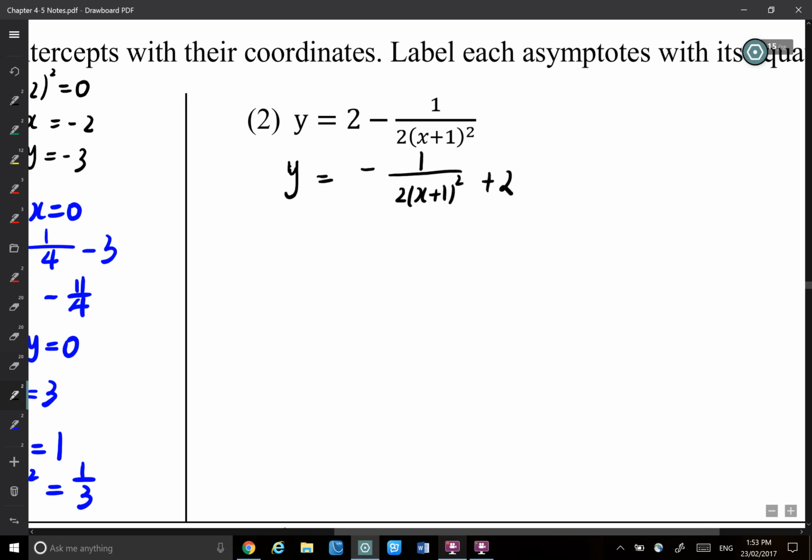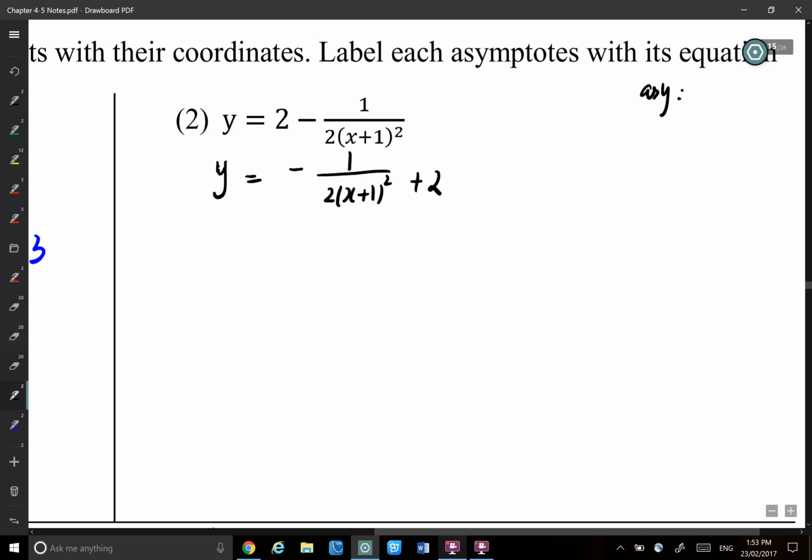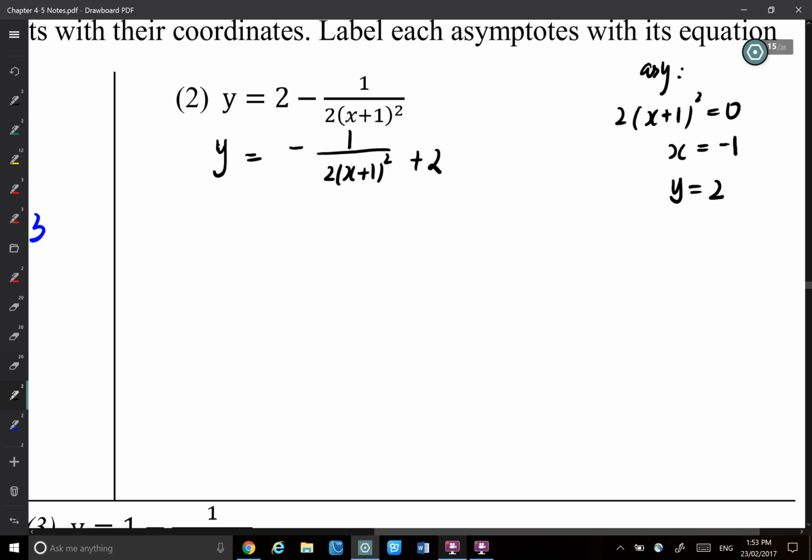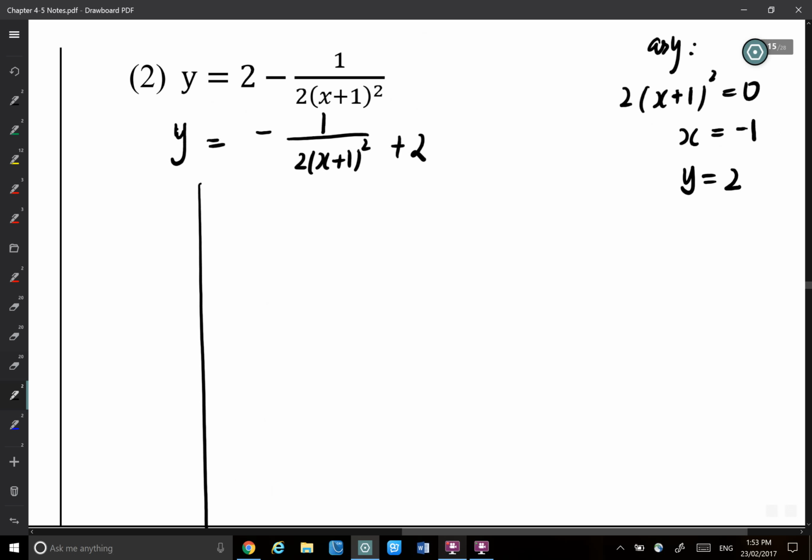The first thing is asymptotes. When the bottom equals 0, x equals negative 1. So y will be 2. So the asymptotes are x equals negative 1 and y equals 2.